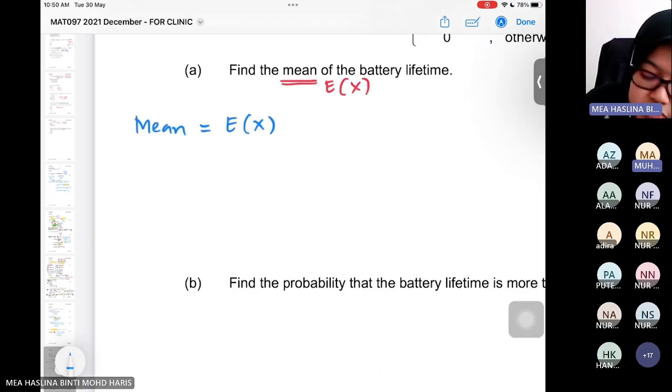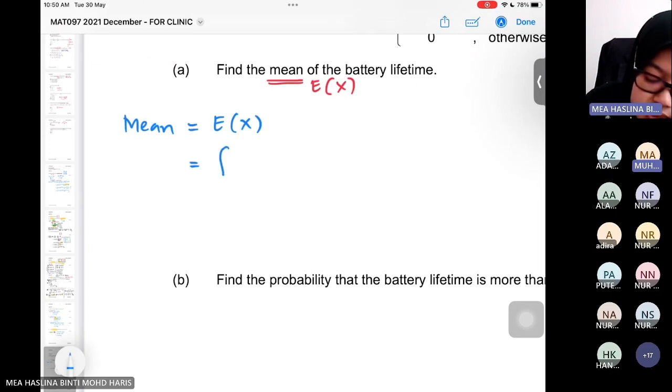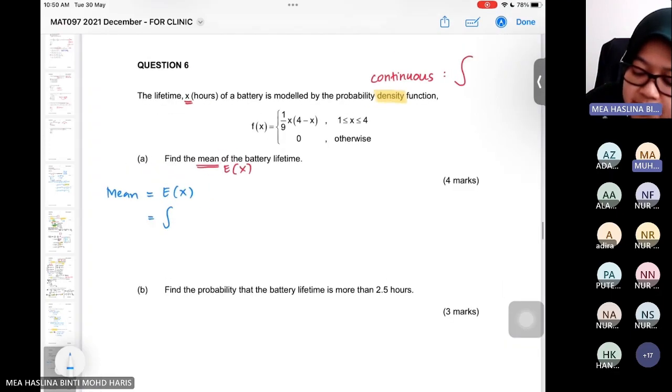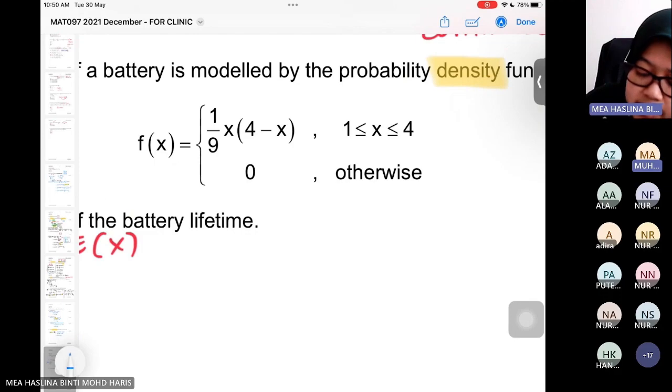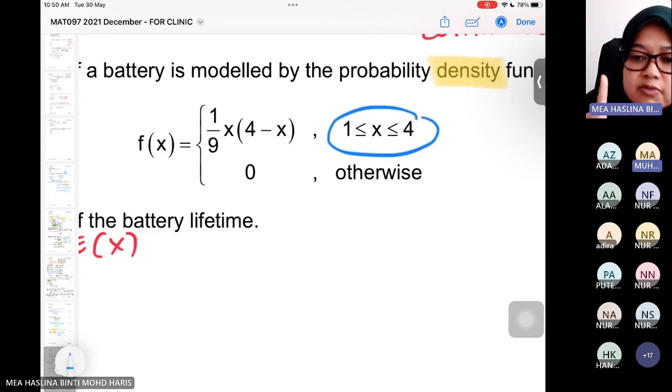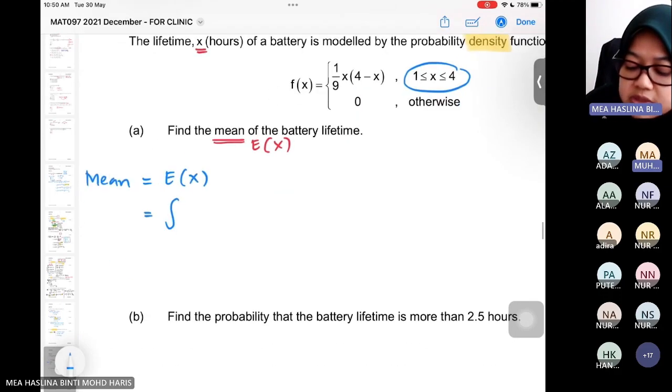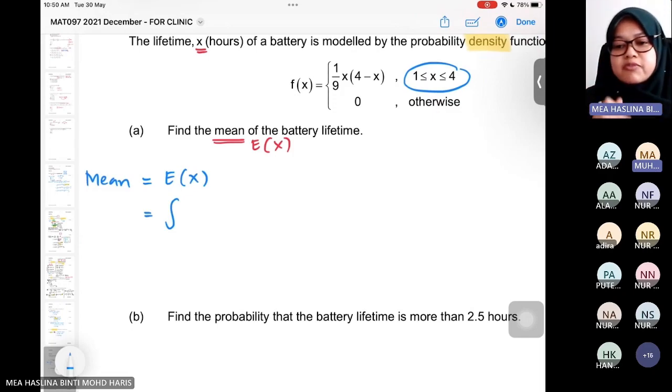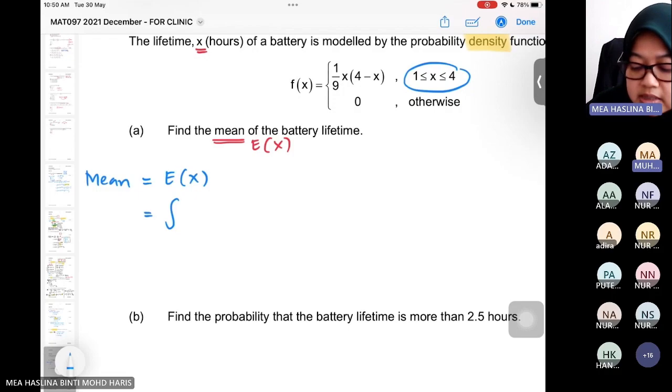So mean equals E of X, the integral for all X. We only have one interval. If you have two intervals, you have to do two sets of integration. When only one interval, one set of integration only. So from 1 until 4, 1 over 9x times 4 minus x dx.